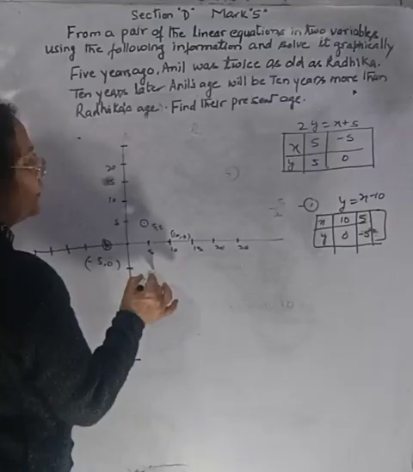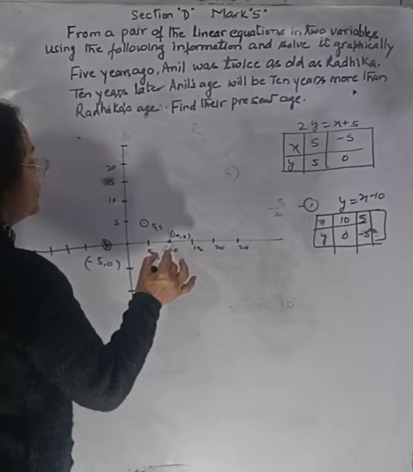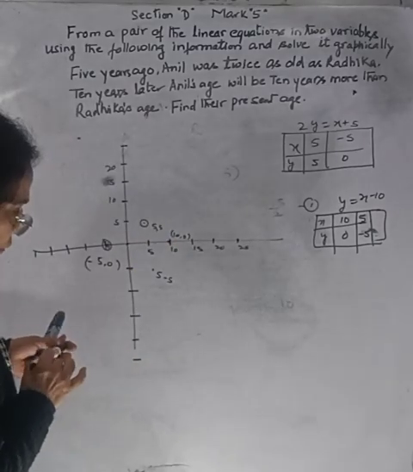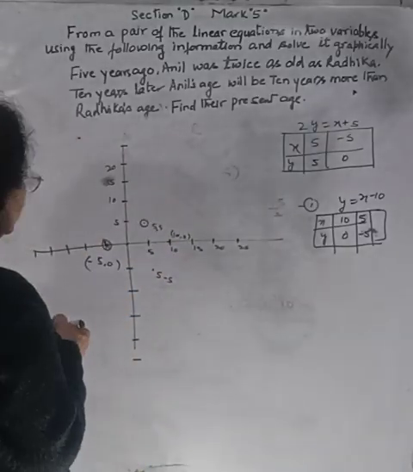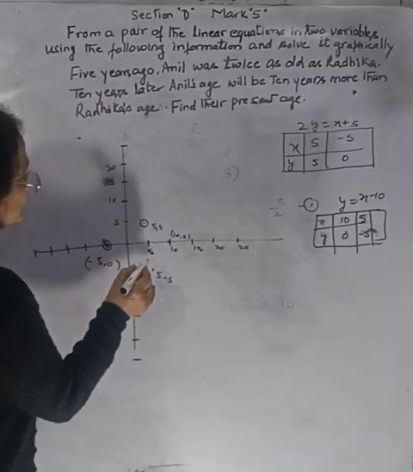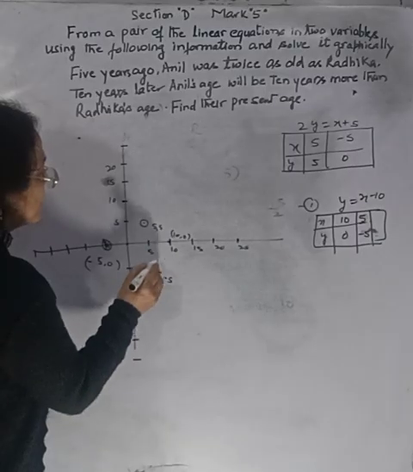5 and minus 5. Now we are having 2 points. Now we have to join these two. Okay. Now going to join this. If we join this, this is to be joined over here.